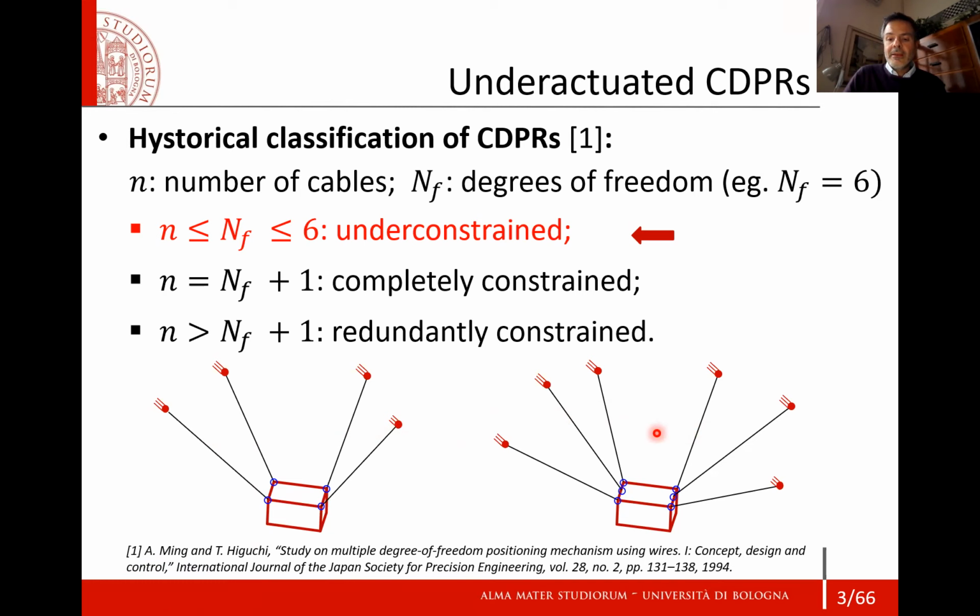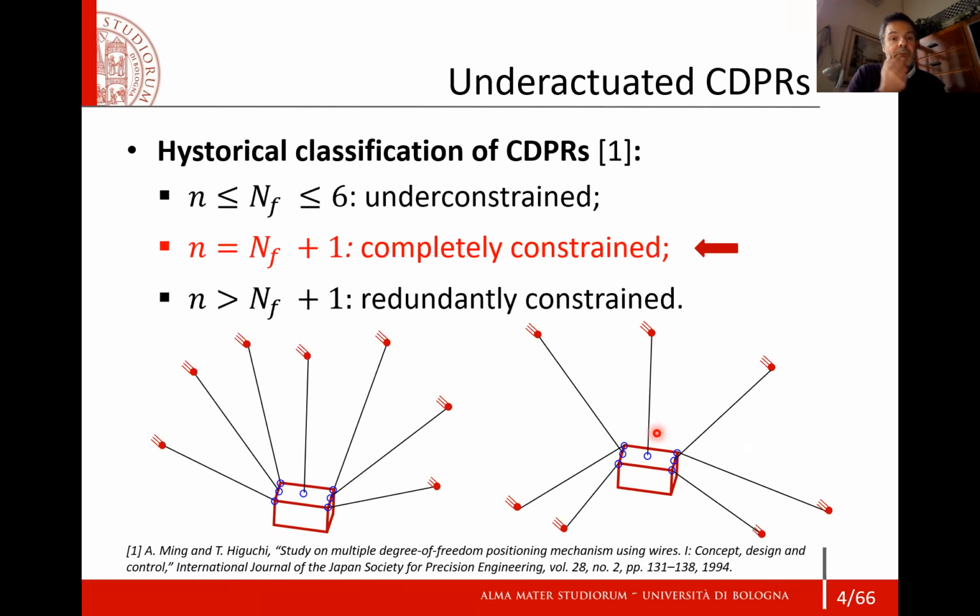And then the robot is considered completely constrained if we have one more cable, namely if we have one cable more than the number of degrees of freedom. And based on this classification, the two figures that I'm showing you are still considered the same.